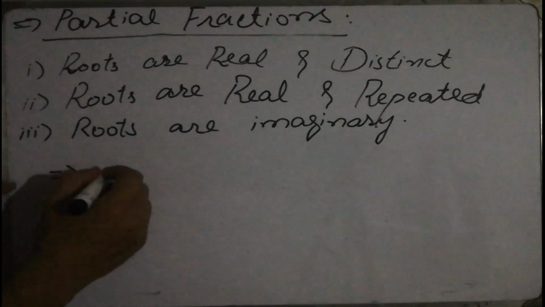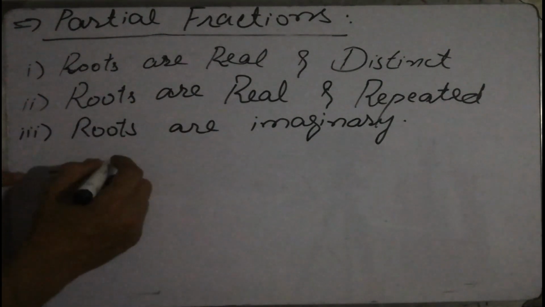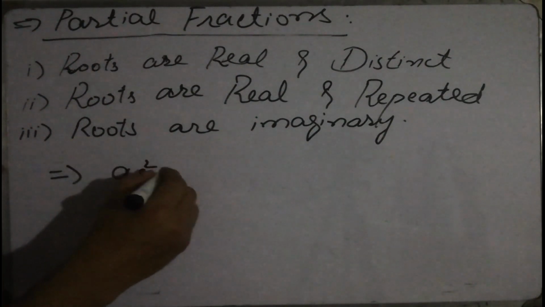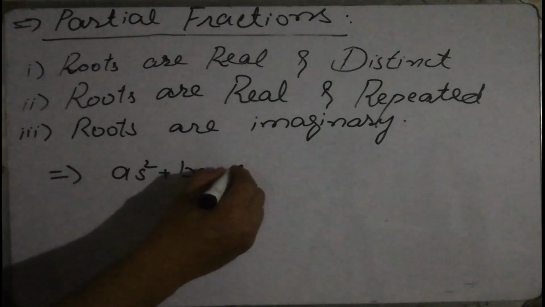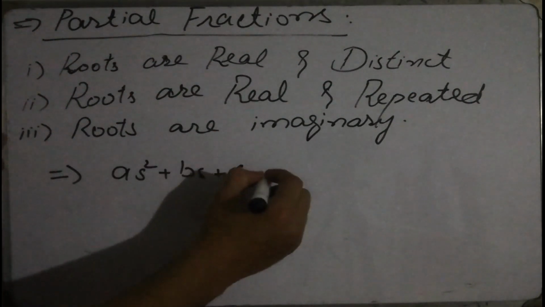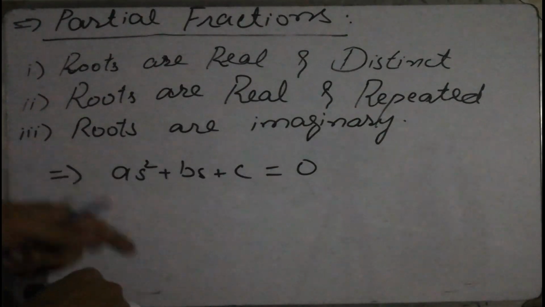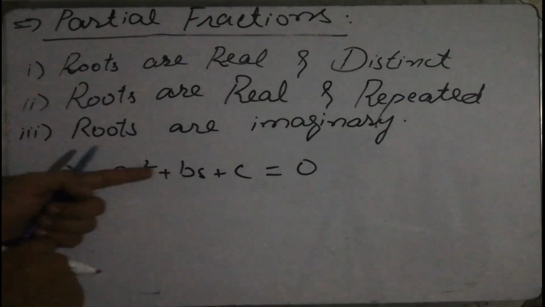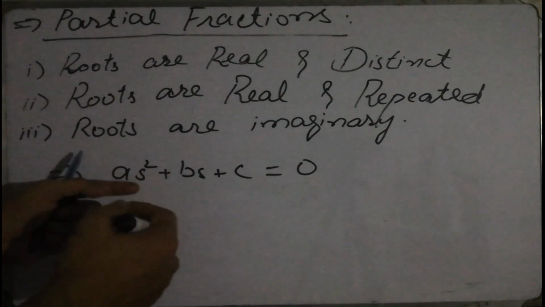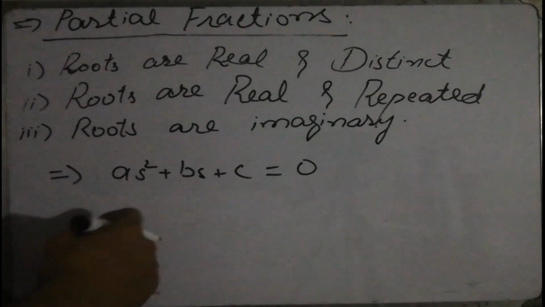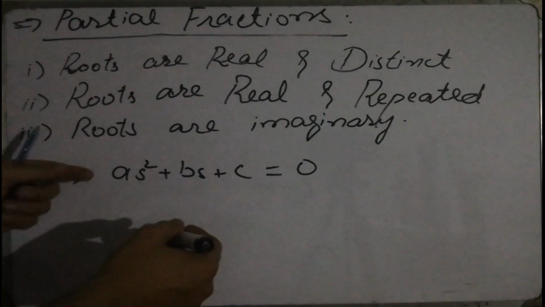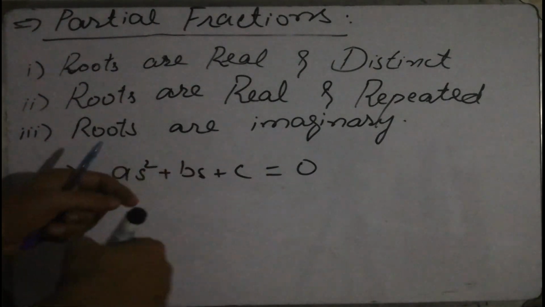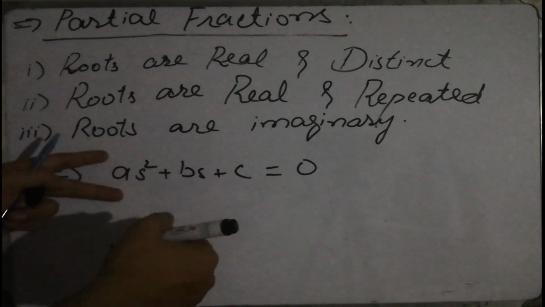For example, if the denominator is in the form a s square plus b s plus c, then equating it to 0, whatever the solution of this equation is, which means whatever possible values of s satisfy this equation, we would call those values the roots of this equation, right?